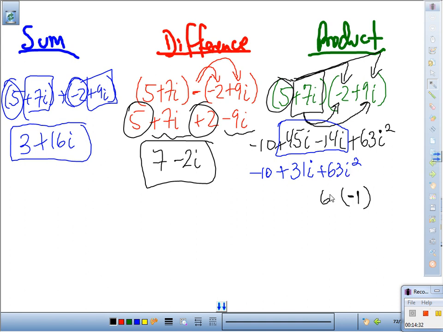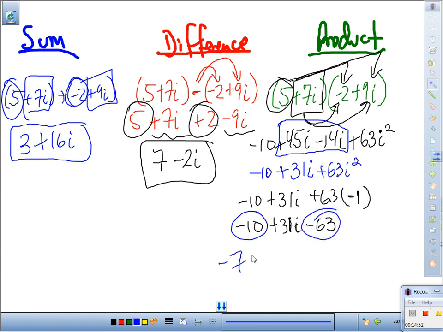Bring down the 63. Negative 10 plus 31i. So let's see. Negative 10 plus 31i. And this is minus 63. Now we can combine like terms. What is negative 10 and negative 63? Negative 73 plus 31i.